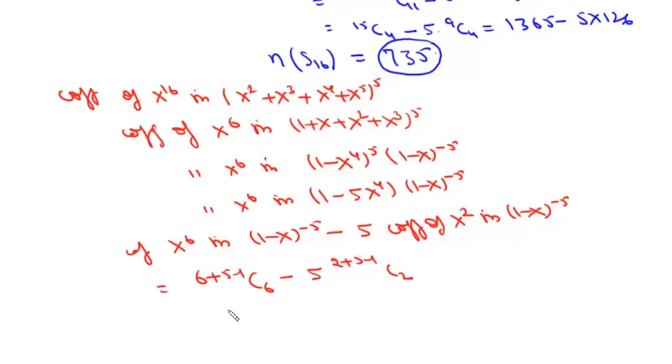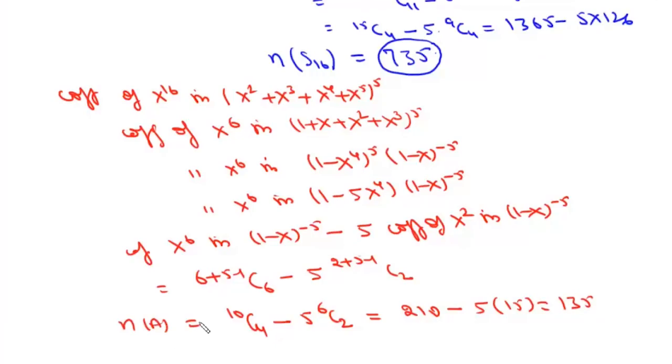Now this is 10C6 which is 10C4, and then minus 5 and here it is 6C2. Now 10C4 is 210 minus 5, and 6C2 is 15. So this value will be 210 minus 75 which is 135. So that's your favorable cases.